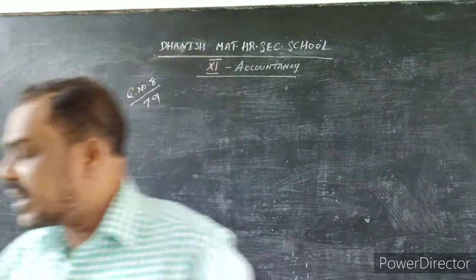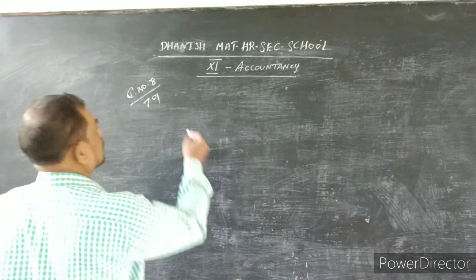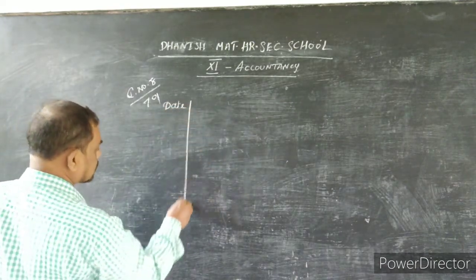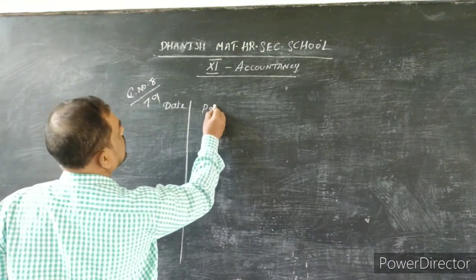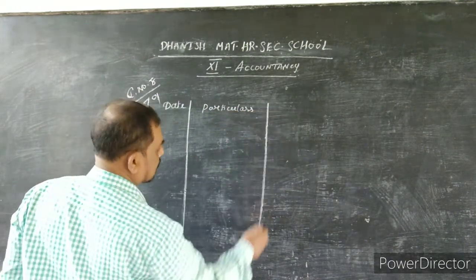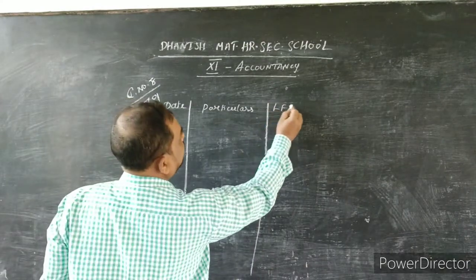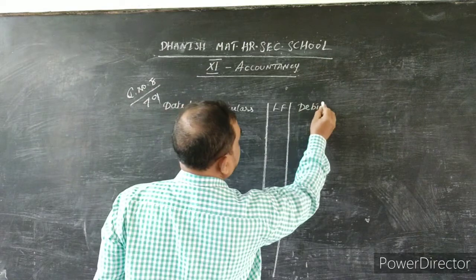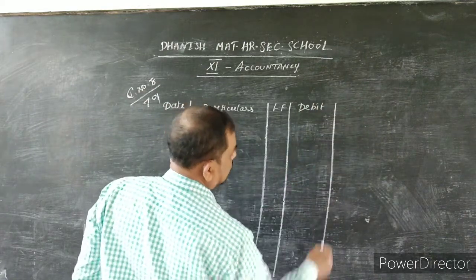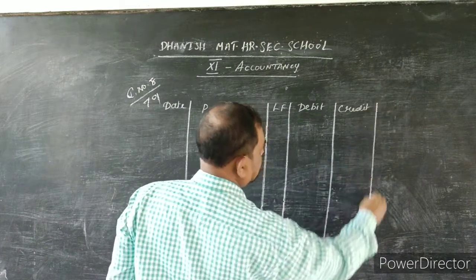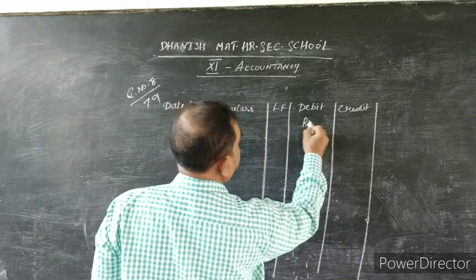The format of journal entry is what? Date, particulars, LF, debit, credit, rupees.